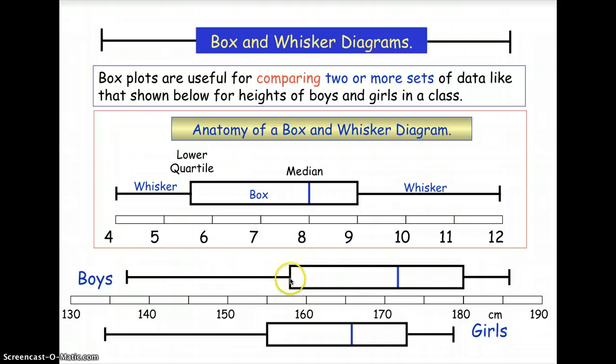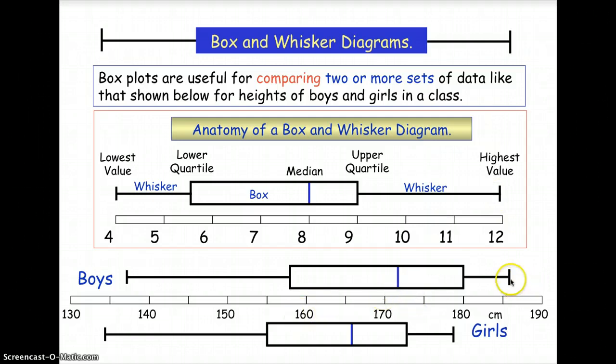Okay, now the left side of your box is the lower quartile. That means that whatever you get for Q1 or lower quartile, that is where the line should be. And on the other side, this line should be the upper quartile. Then on the left should be the lowest value, and on the right should be the highest value.